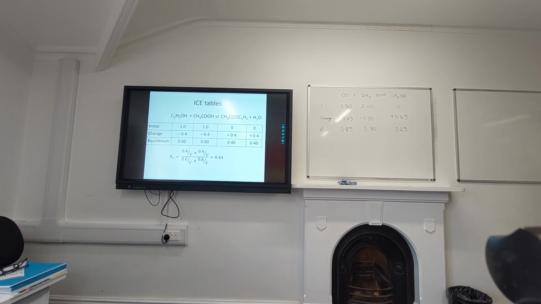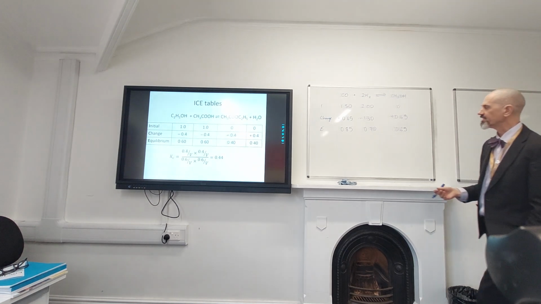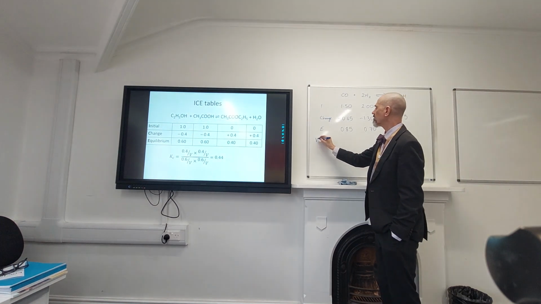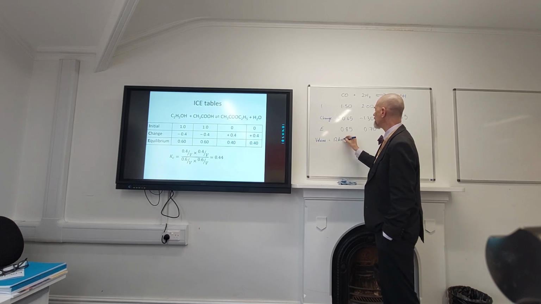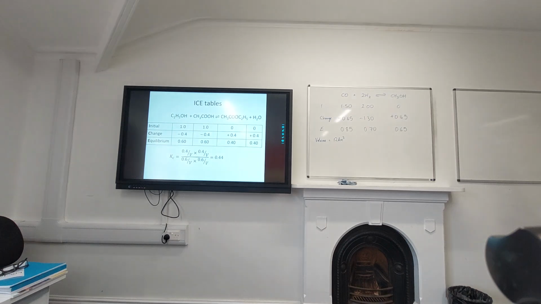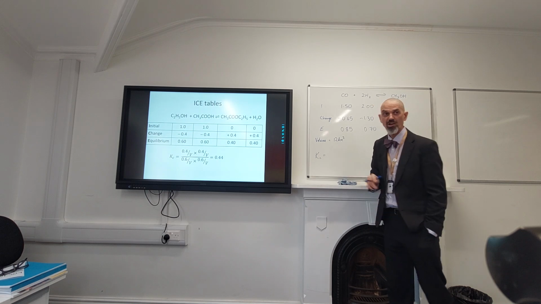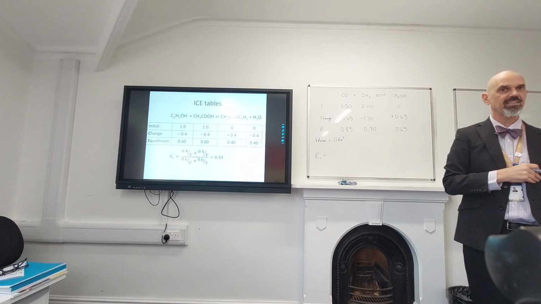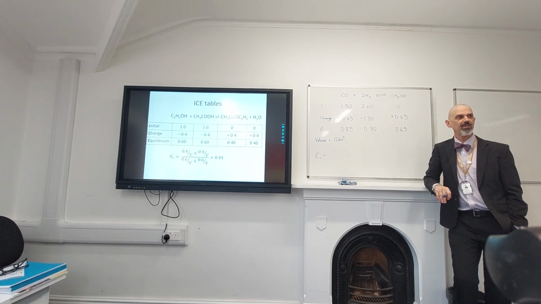Okay. Now, volume's not going to cancel out in this one, so let's say our volume was 12 dm cubed. Okay. So our first thing we need to do is just write the expression for Kc for this equilibrium. Well, you did that already, when we came in.